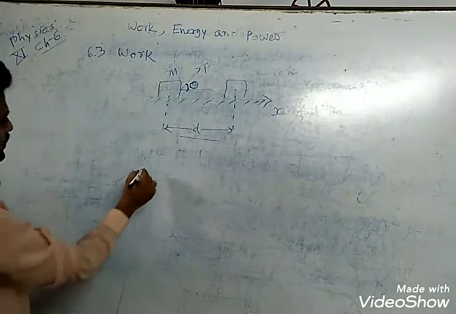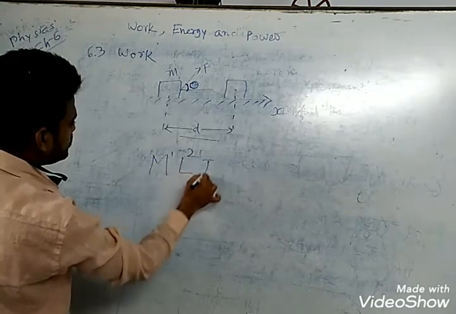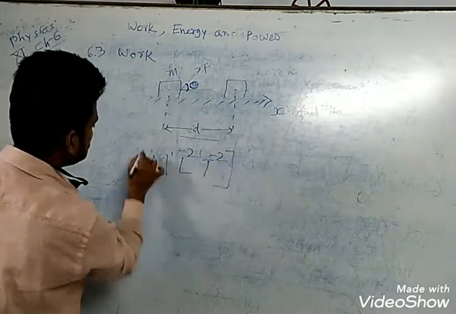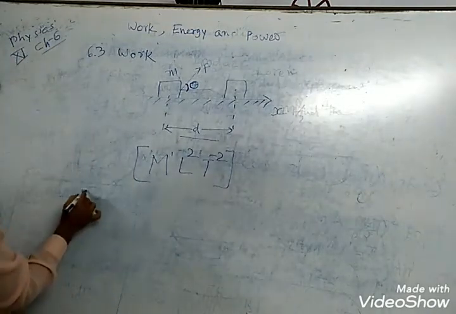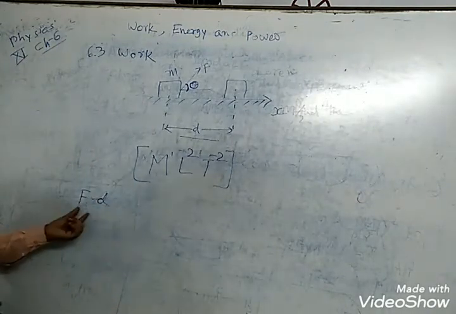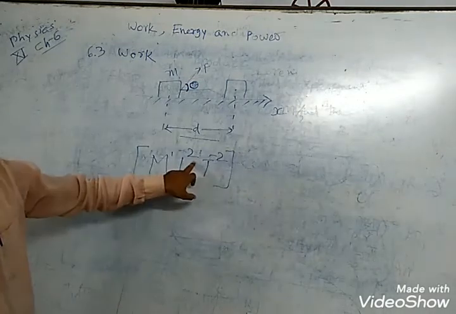Dimensional formula for work is M1 L2 T minus 2. Here we know that work is F into d, force is M1 L1 T minus 2, into d.